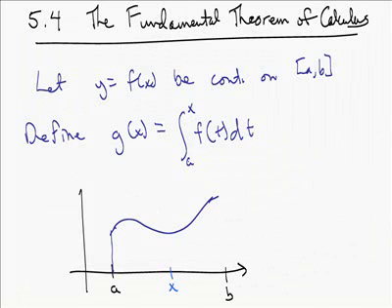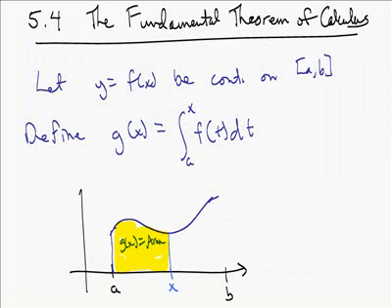Well, that's the area under the curve from a to x. So what g of x gives you then is actually the area of some section of the graph.